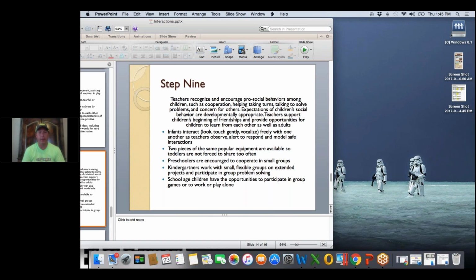Two pieces of a very popular item in the classroom should be available for toddlers and 2-year-olds. They are not at that age where they understand sharing just quite yet. This is a skill that needs to be introduced at this age, but not expected of this age. And so we want those two pieces of popular equipment available.